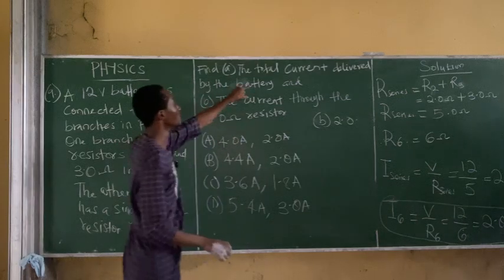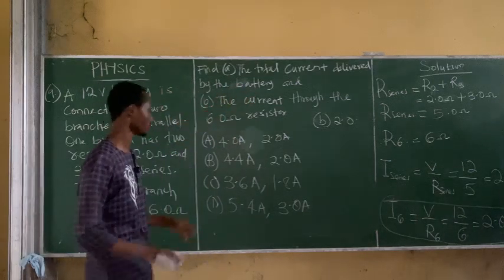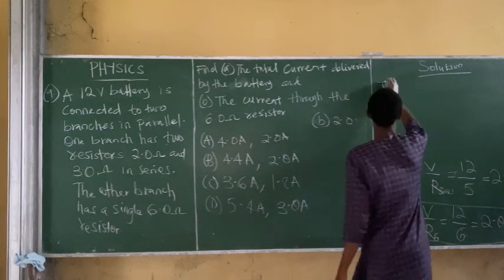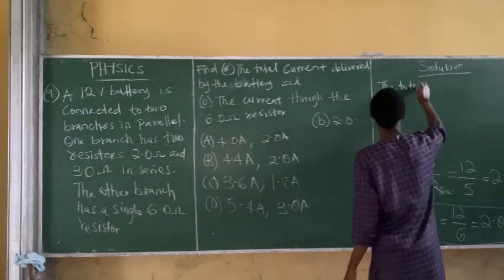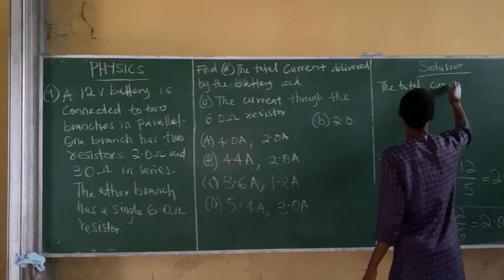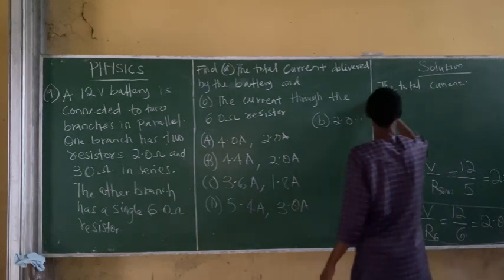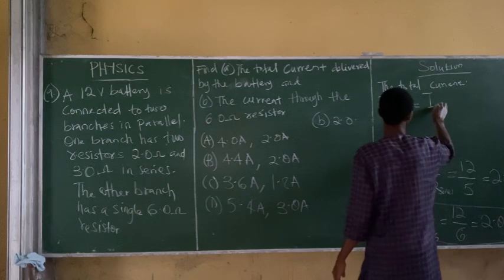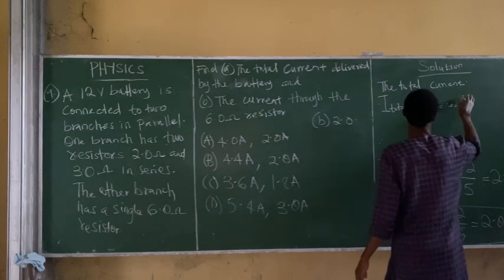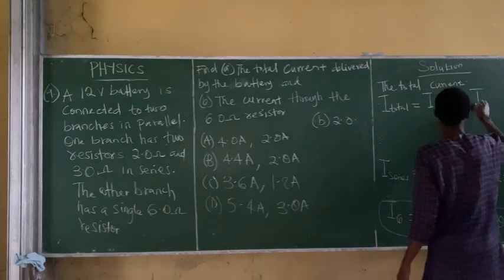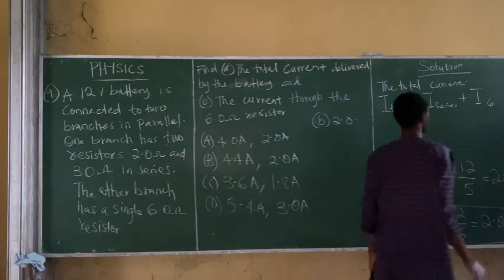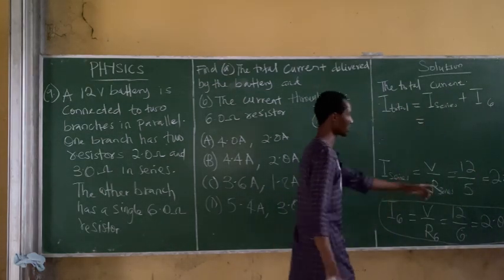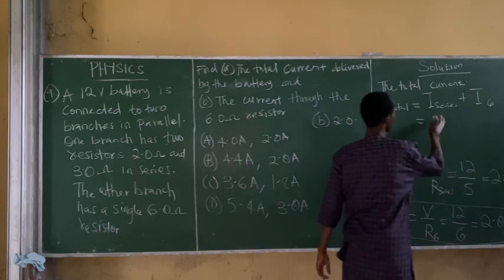Let's solve for A, the total current delivered through the battery. The total current delivered through the battery is given by the formula I total is equal to I series plus I6. We have I series to be what? 2.4 amps.